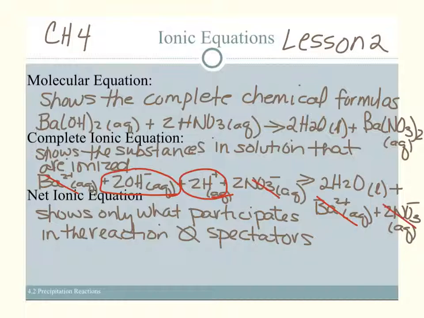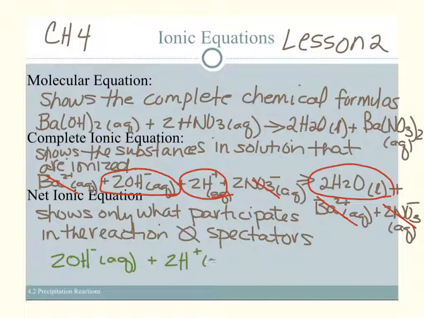It's a spectator. And water only appears on the right. So after I cross out my spectators, what's left is my net ionic equation. So 2OH minus aqueous plus 2H plus aqueous yields 2H2O liquid.